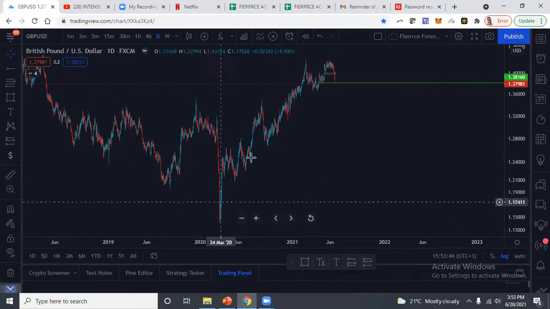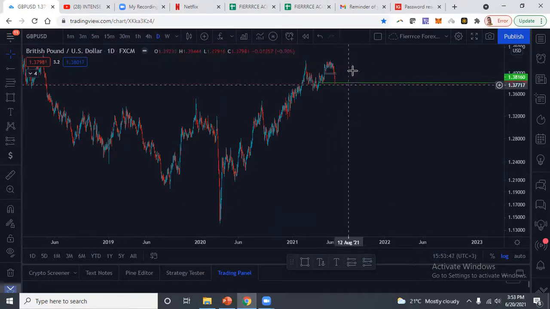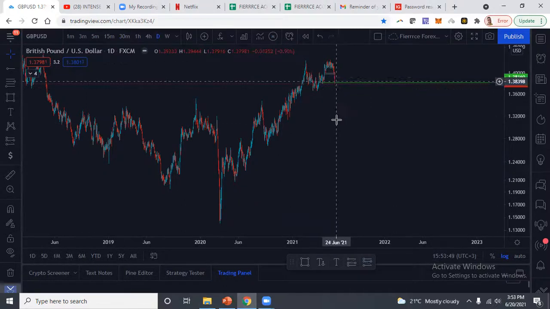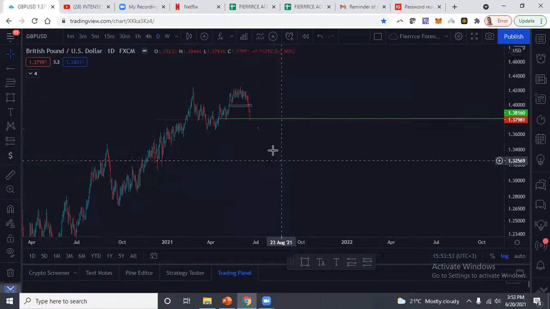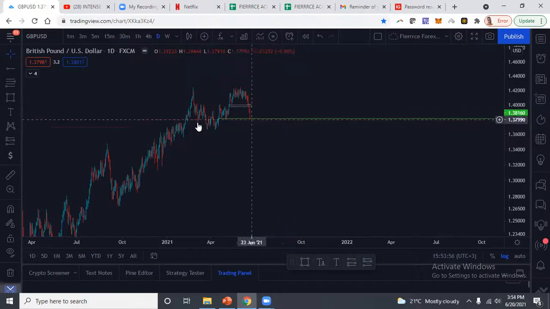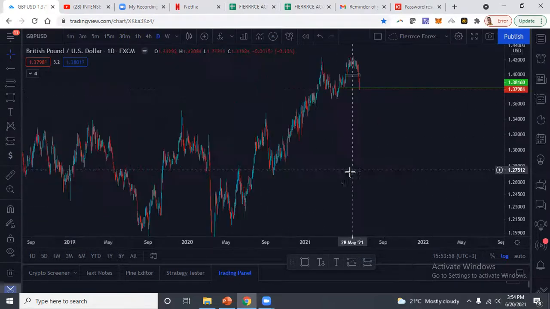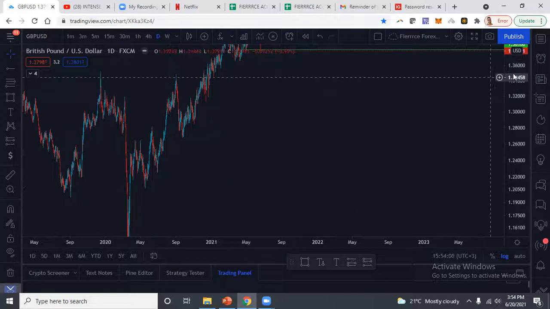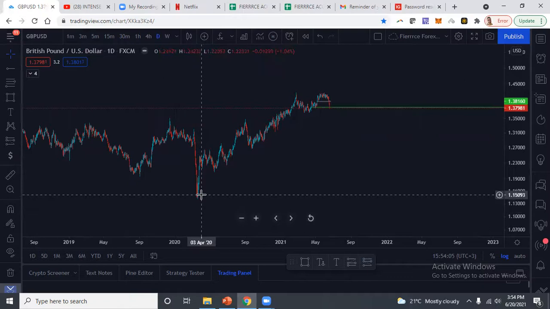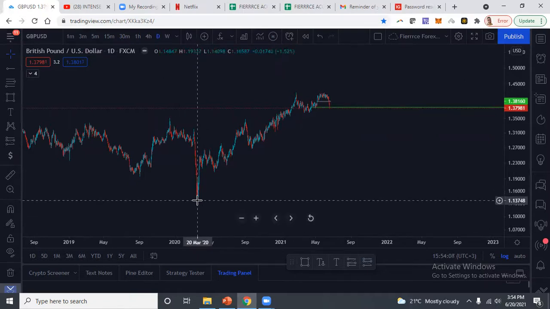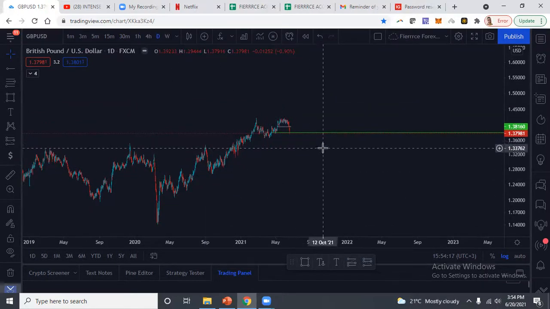This drop here, as you can see, with consecutive candles to the downside, was probably just trying to rebalance the market, because it's been really pushing up for a very long time. For a couple of months now, actually since last year, March 18th, 2020. So for the last one year, we've been bullish.